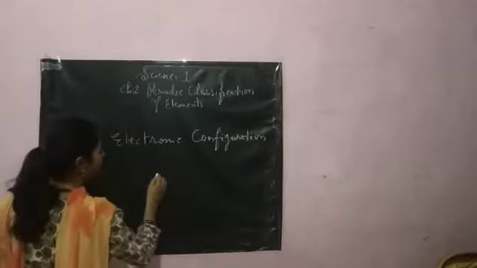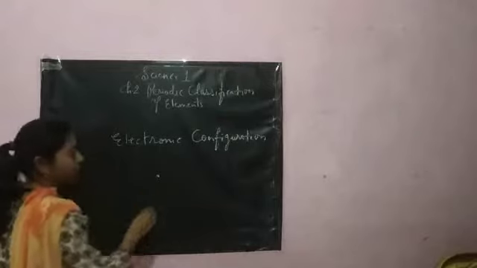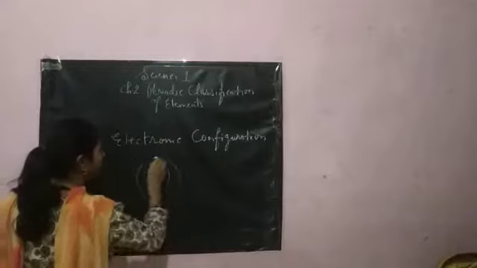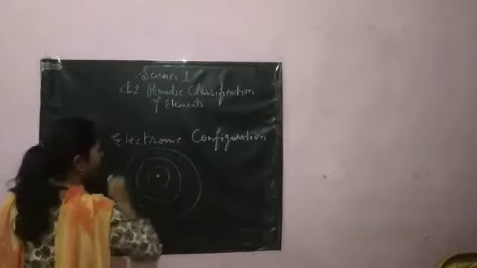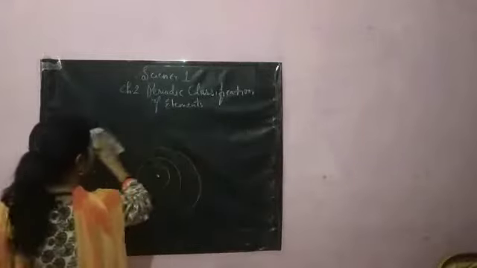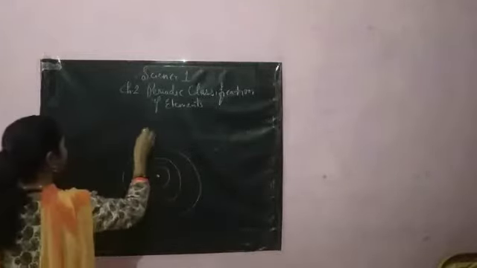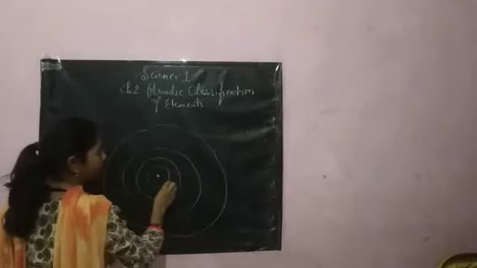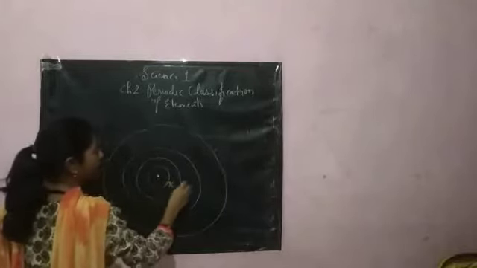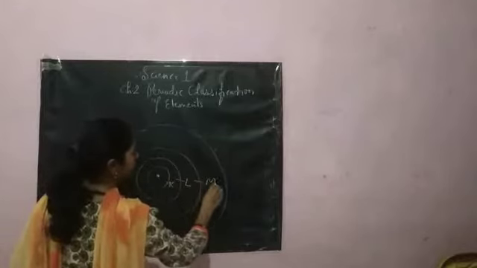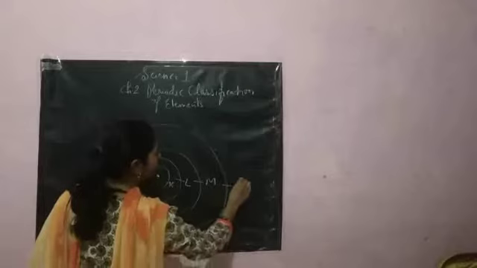The centrally located part of the atom is known as the nucleus, and these are the shells of the atom. The first shell is known as K shell, the second shell is known as L, the third shell is known as M, and the fourth shell is known as N.